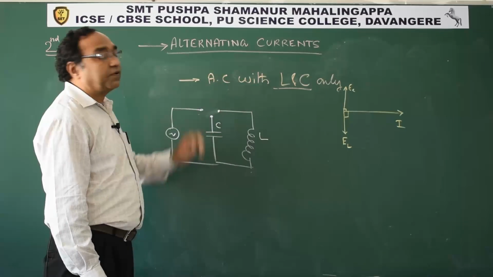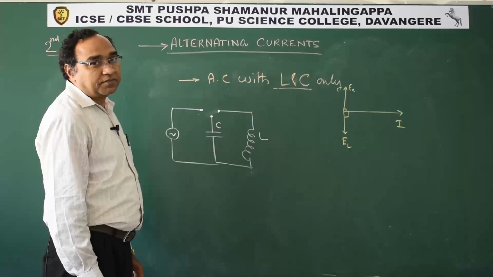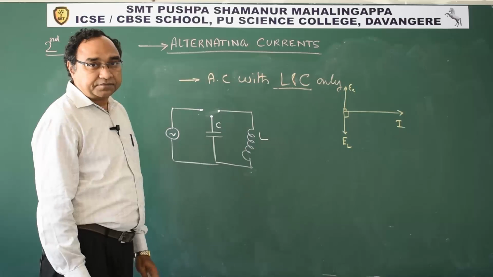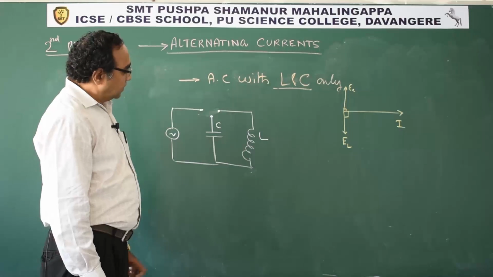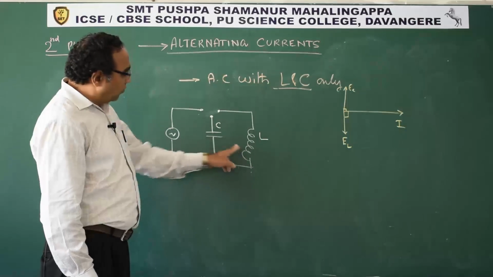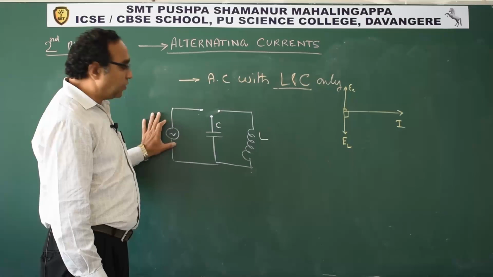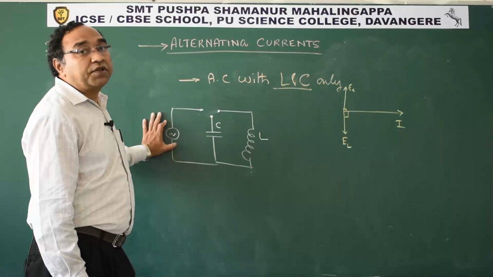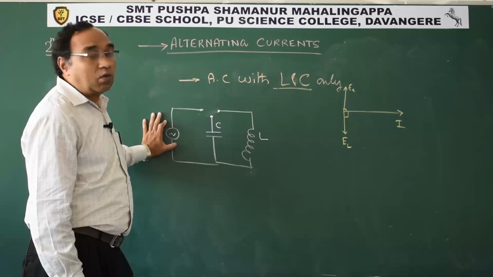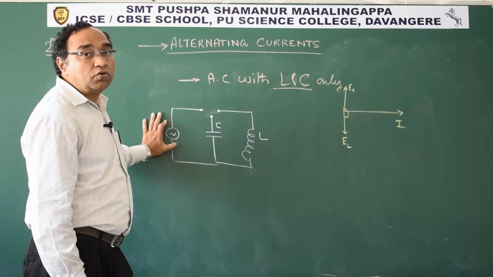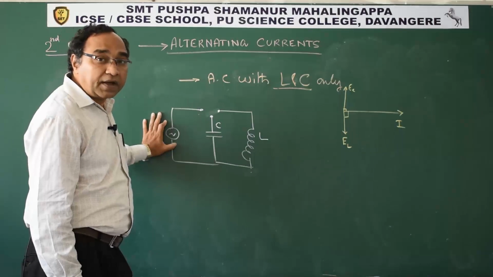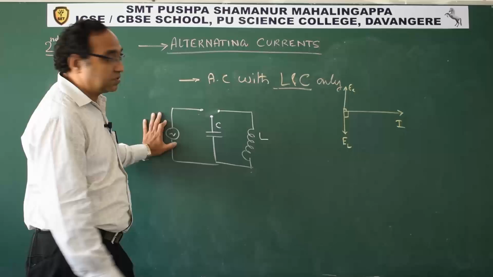This is a two-way switch. Please understand this. This is a two-way switch. Now, if I connect both of them to the source, what is the nature of connection? How have we placed the two? The two are placed in parallel to the source.